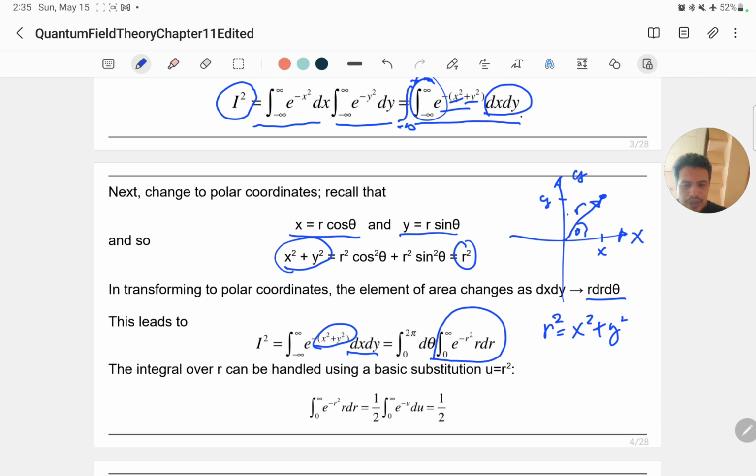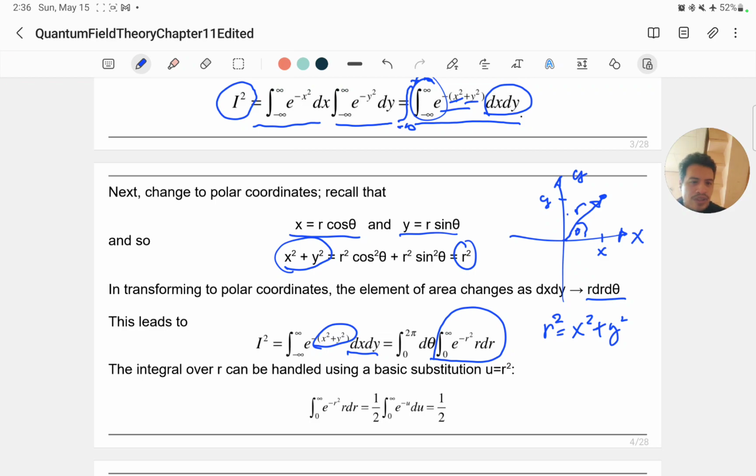So in the Cartesian coordinate system, you are integrating over the whole area, negative infinity to positive infinity. So in order to cover the whole area, you have to integrate with respect to r, covering the range from 0 to infinity, so that you will really spread out the area from the origin to the end of the area, and that's infinity.